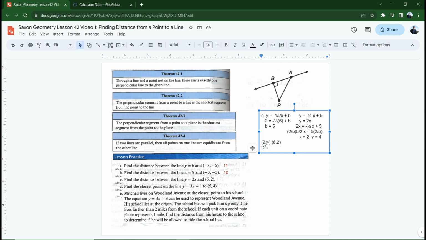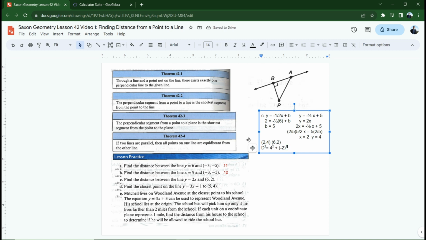So 6 minus 2 is 4. It's going to be 4 squared. Okay, took me a second to remember this because I don't use it every single day. And then 2 minus 4 is negative 2. I can square negative 2 and I get 4, but I'm just going to write negative 2 squared for right now. This is going to be a pretty straightforward one.